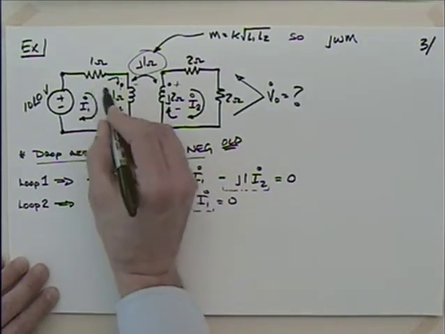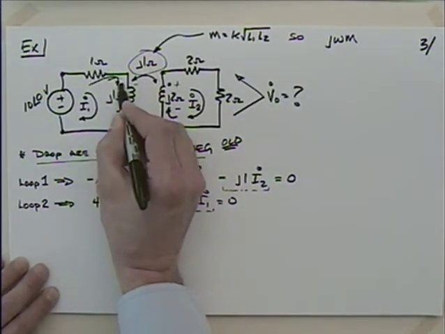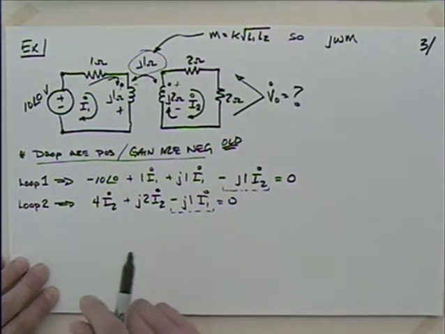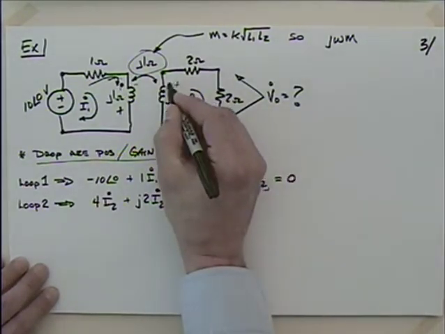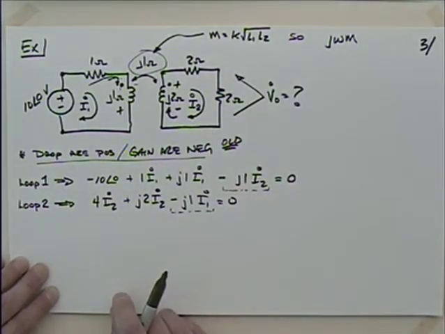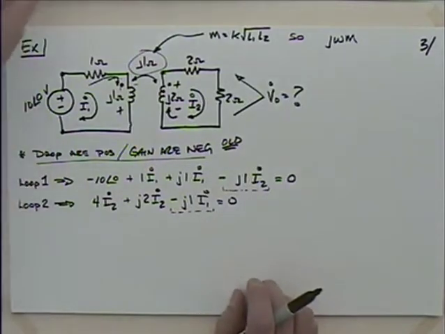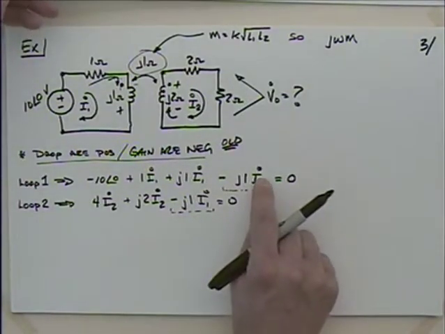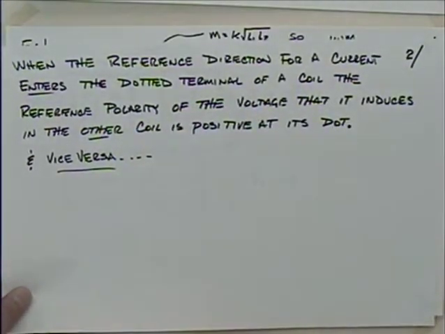So this I1, it's coming around and it's going into the dot, isn't it? So if it's entering the dot, it's going to induce voltage that is positive at this dot. Therefore, it would be negative there. So is that the vice versa term or the first one? The first one I'm using the vice versa. The second one I get to actually use it's entering the dot, so I just read it verbatim.